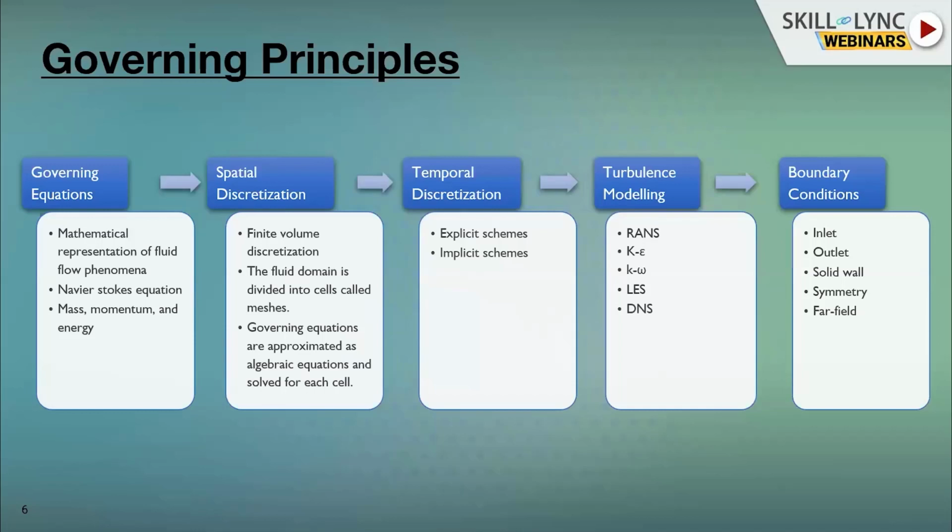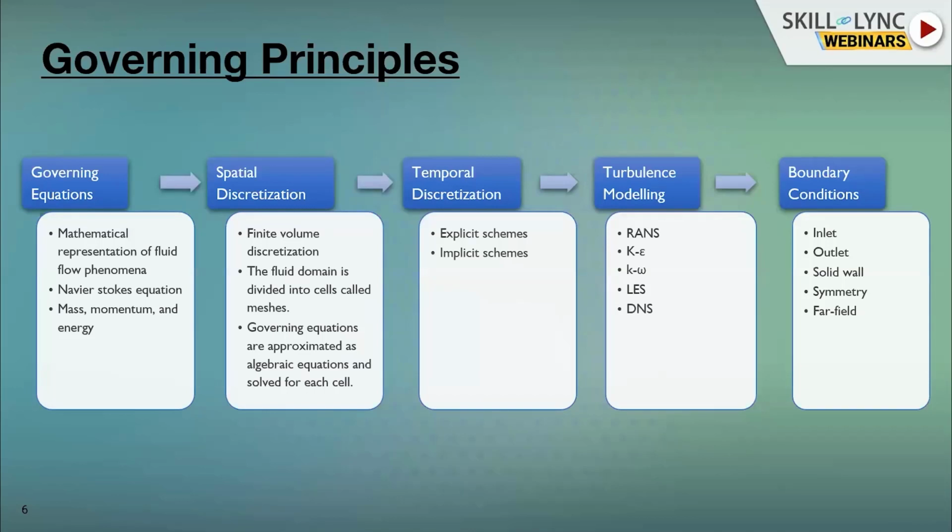Whereas in implicit schemes, you would not know the previous time step values and current time step values separately, and you will end up with a set of equations in the form of Ax = B. It's a system of linear equations, and you solve all these equations simultaneously using certain numerical schemes. So those are called implicit schemes.